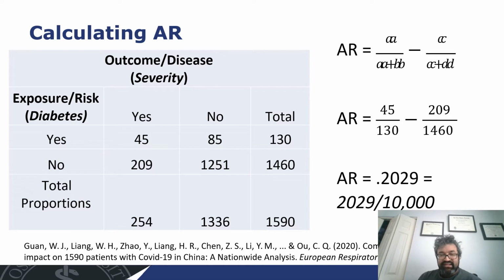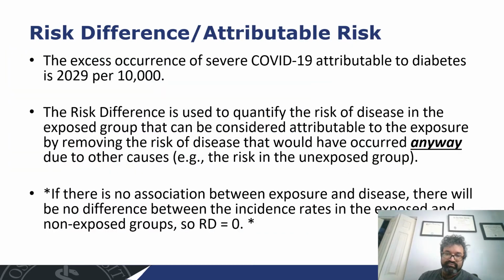So as you can see, 45 divided by 130 minus 209 divided by 1460. So the absolute risk is 0.2029.